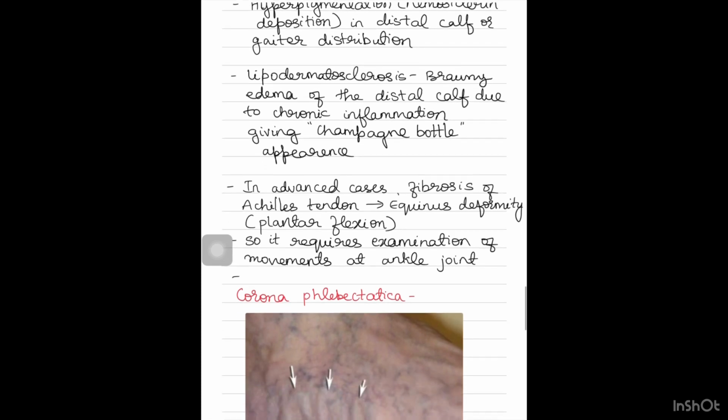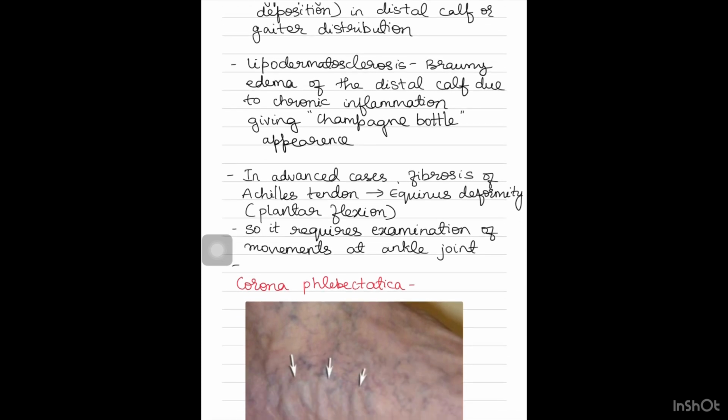Lipodermatosclerosis is nothing but brawny edema of the distal calf due to chronic inflammation, giving rise to the inverted champagne bottle appearance. That is because there will be edema of the swollen part of the calf, and due to fibrosis in the distal part of the leg, that gives rise to the inverted champagne bottle appearance.